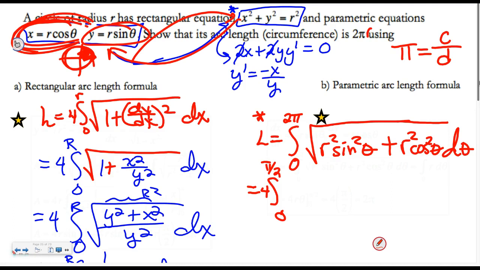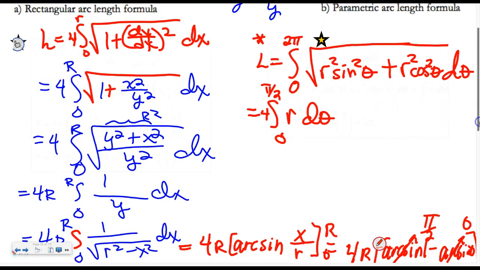I would have r d theta. Now be careful. Somebody last hour said r squared over 2. This is equivalent to a constant dx, like 3dx. What's its antiderivative? 3x. What's this guy's antiderivative? R theta.